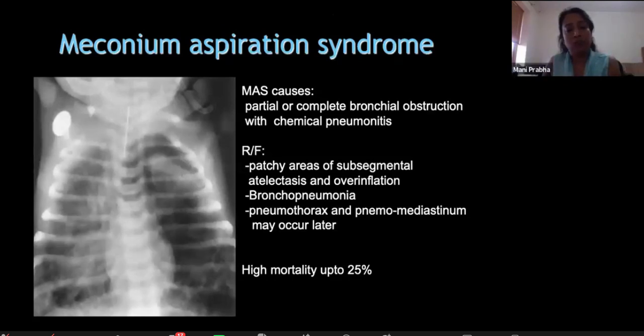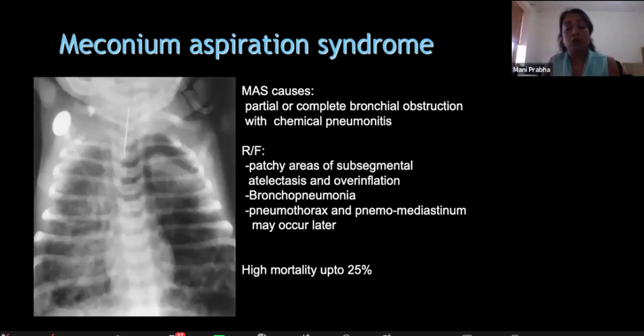And as a result of blockage, we can see areas of segmental and subsegmental atelectasis combined with areas of overinflation. And due to overinflation, sometimes there is a leak of air into the pleural space or mediastinum. That's why we see pneumothorax and pneumomediastinum.